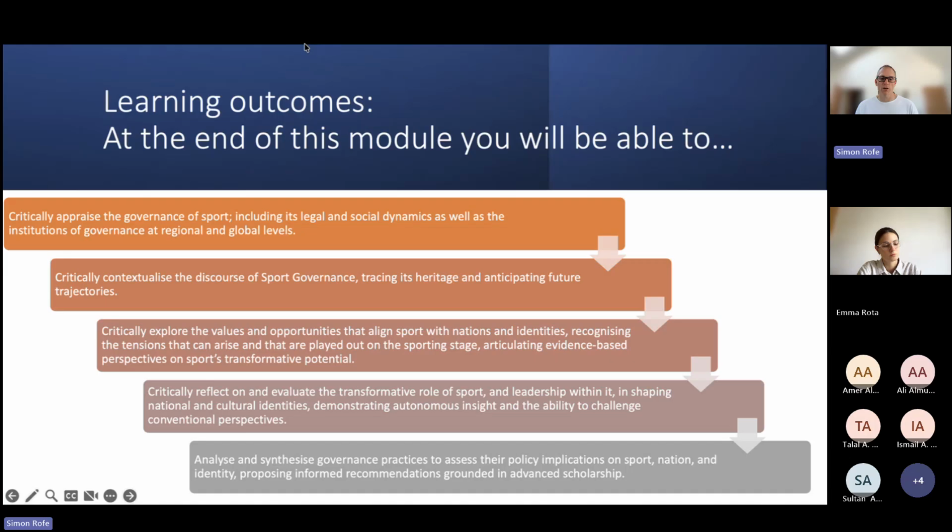Likewise, those learning outcomes, really driving down perhaps onto the third of them, exploring the values and opportunities that align sport with nations and identities. Now we'll look in a little bit greater depth about identity next time around, but thinking around how we utilize sport and its relationship with nations, and obviously, nations that we're familiar with, is what we're going to look at here.